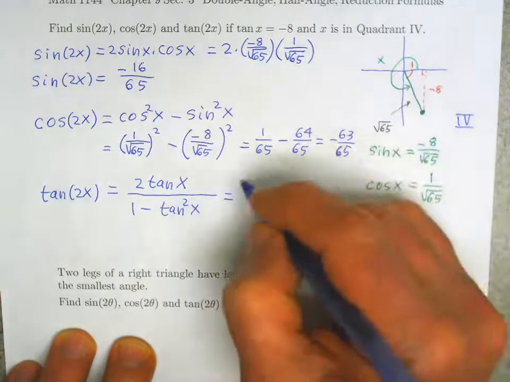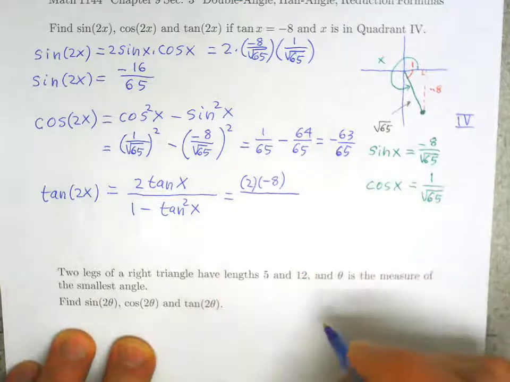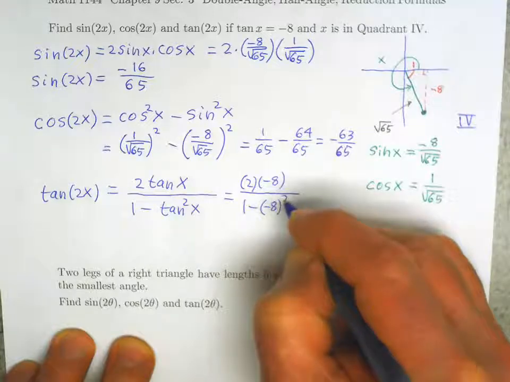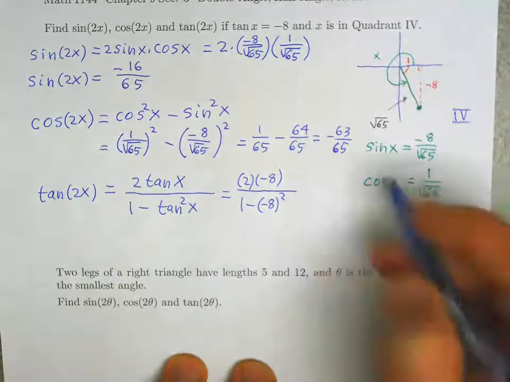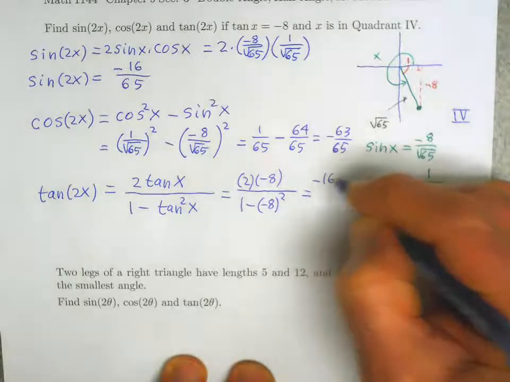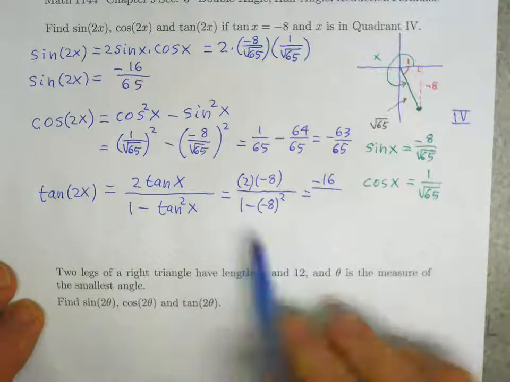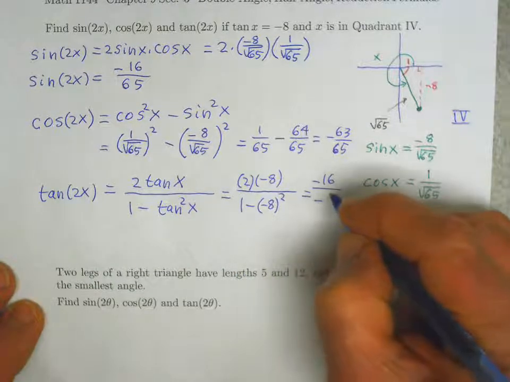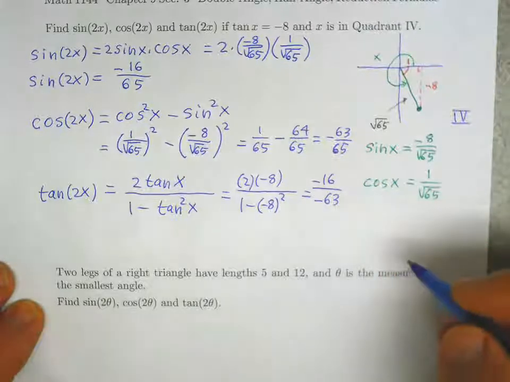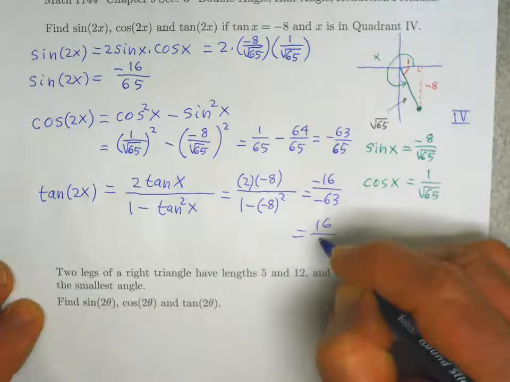So in the numerator, 2 times negative 8. In the denominator, 1 minus the number negative 8 squared. So in the numerator, negative 16. And in the denominator, negative 63. But negative 16 divided by negative 63 is positive 16 over 63.